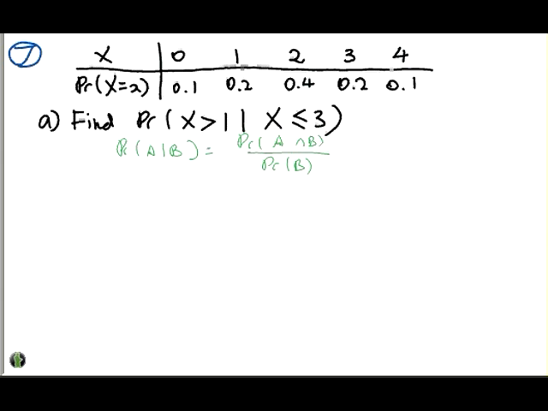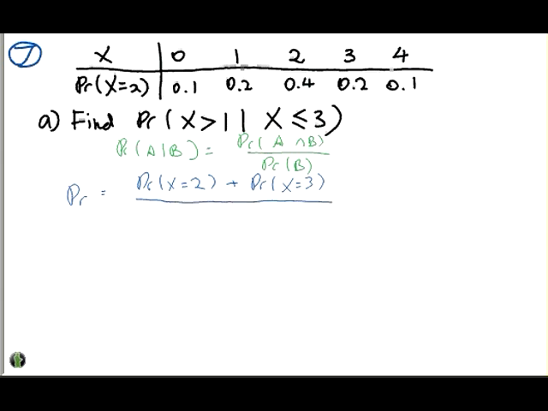So you go, okay, now, if you want x bigger than 1, as well as smaller or equal to 3, looking at the above distribution, you've got the probability x is 2 will fit, plus the probability of x is 3. Right? 4 is not going to work, 1 is not going to work, 0 is not going to work. Okay, good. What about B?